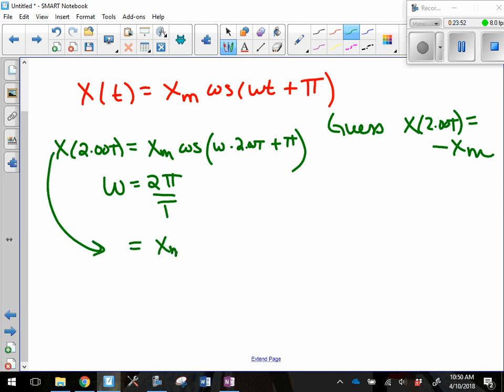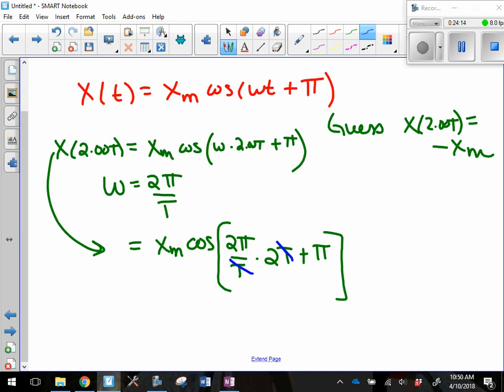So I'd have xm cosine. I'd have 2 pi over T times 2T, times 2T. And now my period, whatever it is, cancels out.